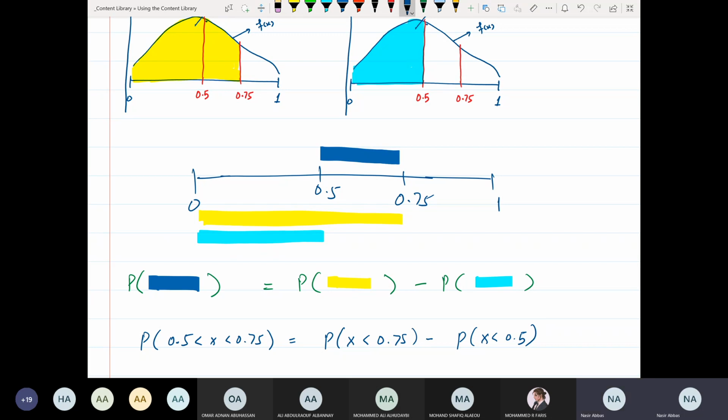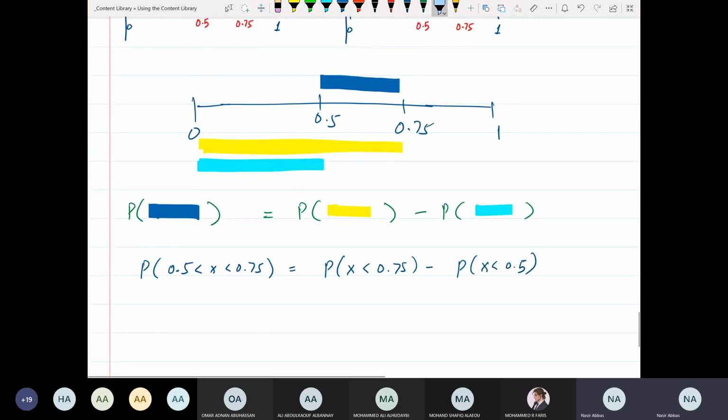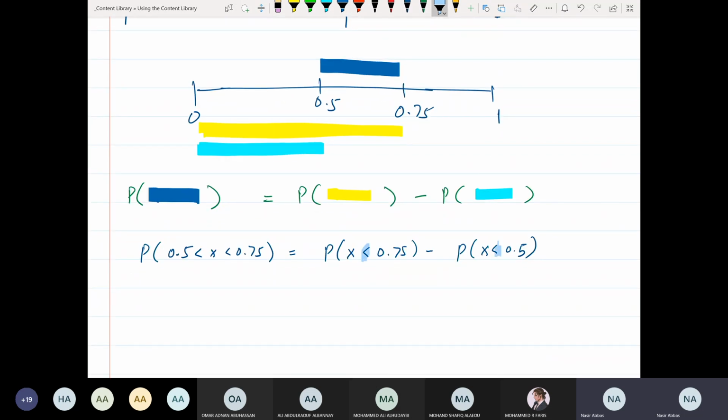And this is where I'm going to tell you where you are going to make the mistakes. The mistake most commonly I see is with these two signs. Both of them are less than. The most common mistake I will see is you will write this probability as the probability of x less than 0.75 minus the probability of x greater than 0.5.